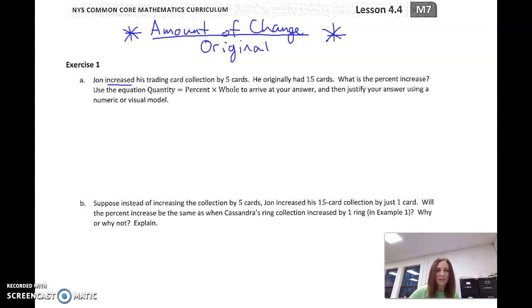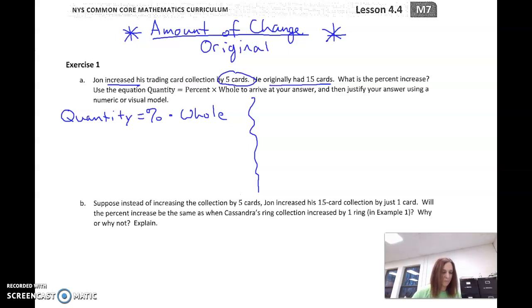John increased his trading card collection by 5 cards. He originally had 15. What is the percent increase? Okay, I'm going to show you here. We can use quantity equals percent times whole. Let's start with that because we're going to want to show you that way and then our new way.